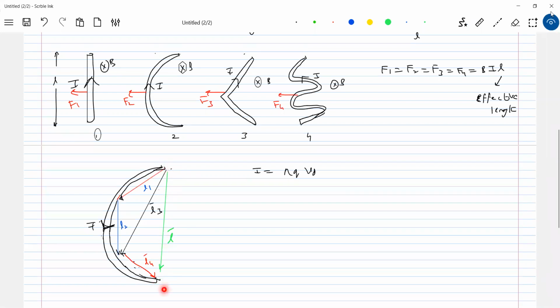Or the displacement of the charged particle will be L bar, because how do you define drift velocity? Displacement by time taken, average displacement by time taken. So whether you analyze in terms of charge or in terms of the vector notation, you can analyze with that.